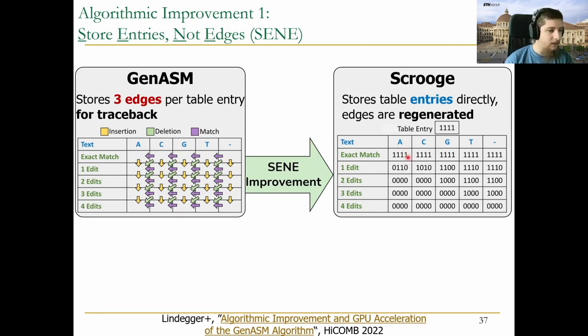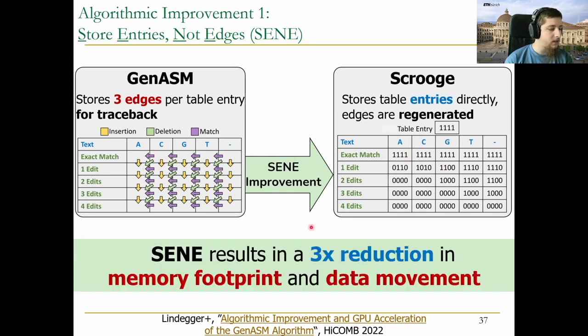And when we need the edges during traceback, we can just regenerate the arrows that we need during that time. And since this is only 1 bit vector per cell instead of 3 bit vectors per cell, this gives us immediately a 3x reduction in memory footprint and data movement. That's our first improvement. We call this Sene, store entries, not edges.